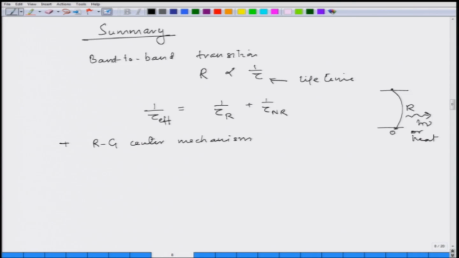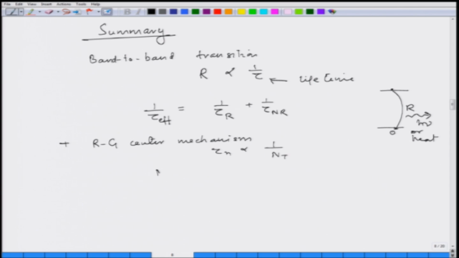And in this R-G center mechanism, we just looked at what these R-G centers do. So, the thermal R-G center mechanisms can affect at a given point what your minority carrier lifetime is going to be. The tau n or tau p is inversely proportional to N t, and there is a lifetime associated with it, which is different.